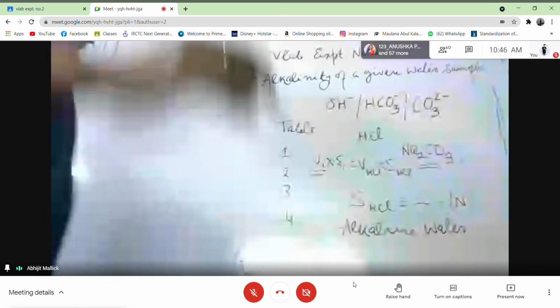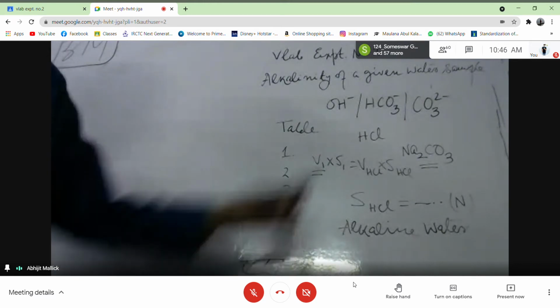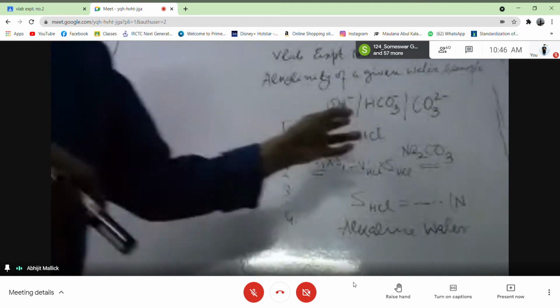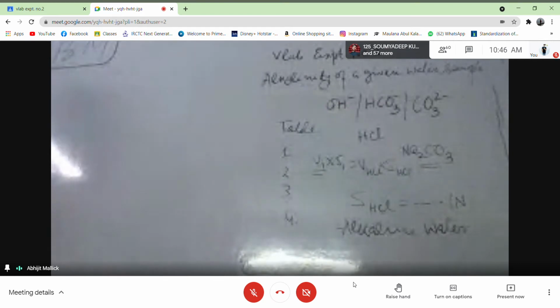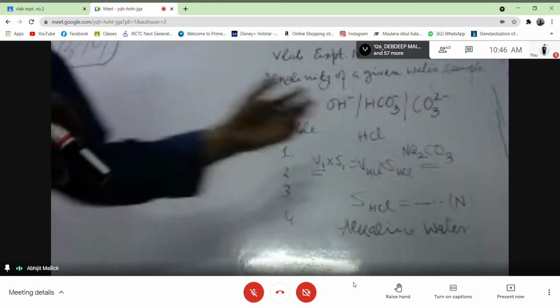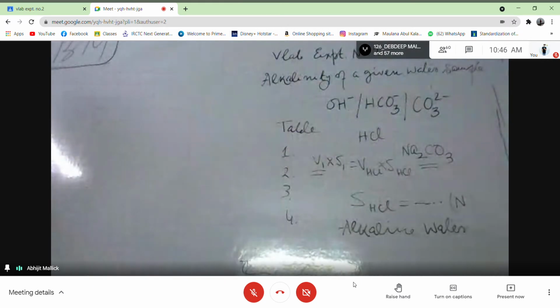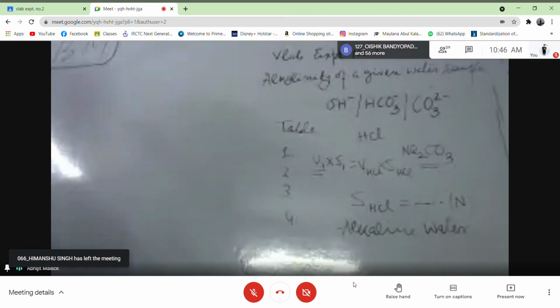Even Rahul will show you how to prepare all these 3 stock solutions. So you prepare the stock solutions accordingly, and then use these 2 stock solutions to find out the strength of HCl first. This is number 1. Number 2, to determine this one.